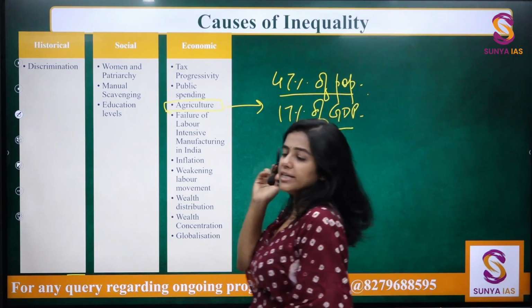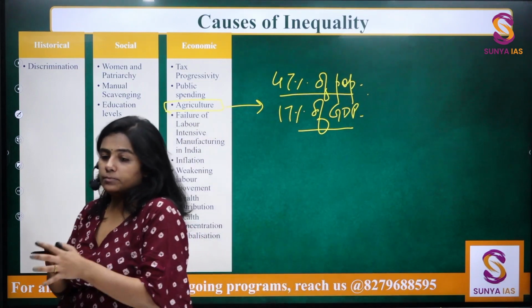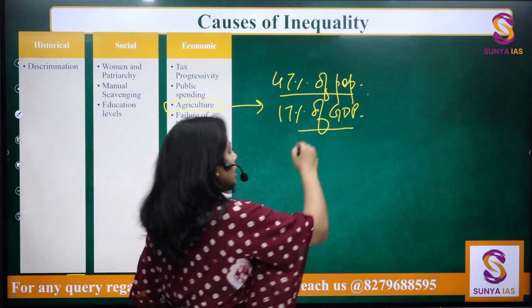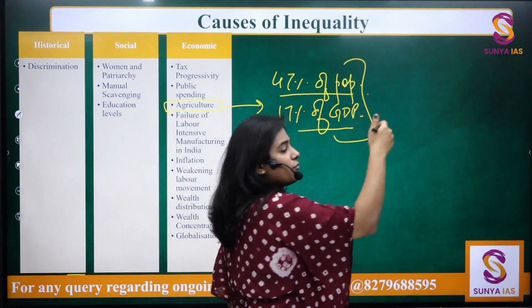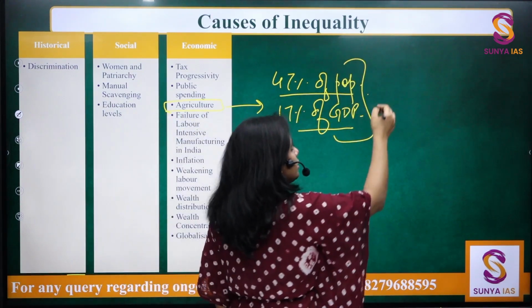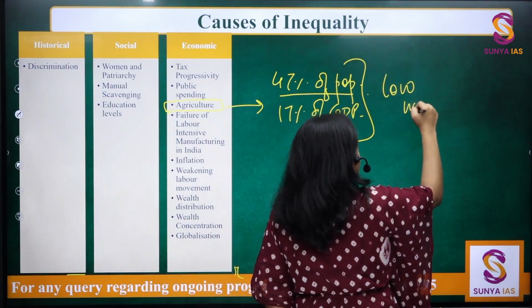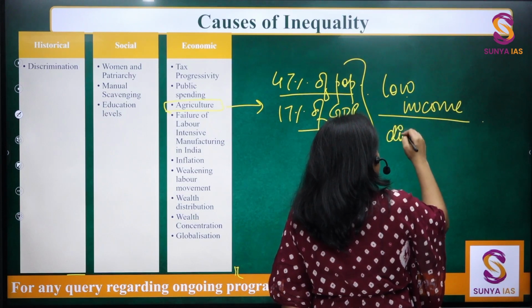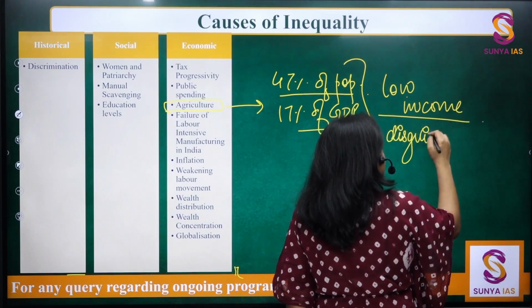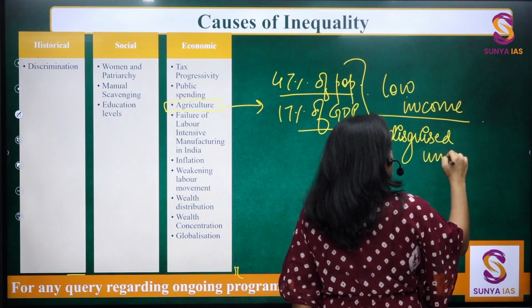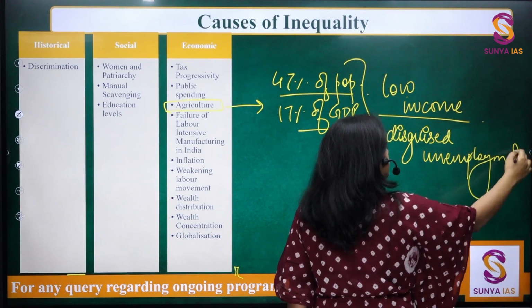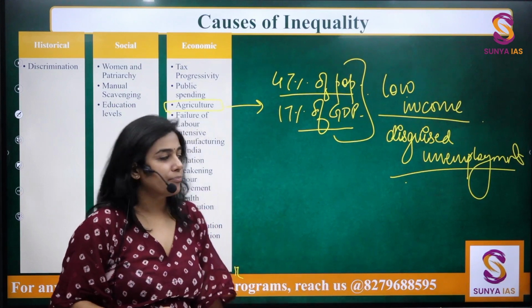Hardly 17%. It is not even equating the amount of people employed in this. So people involved in agriculture are having low incomes very clearly. They are stuck in disguised unemployment, right? And these are the issues which are there.